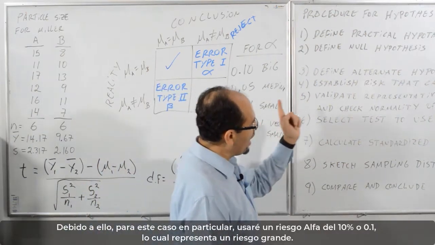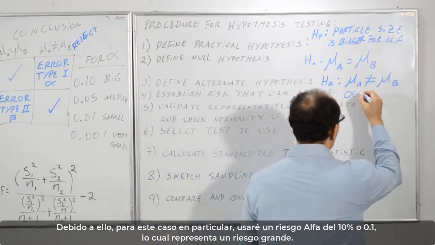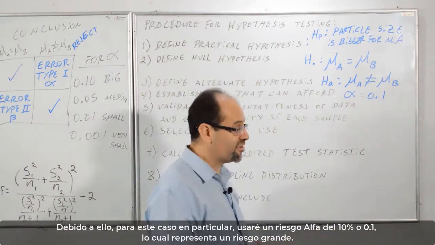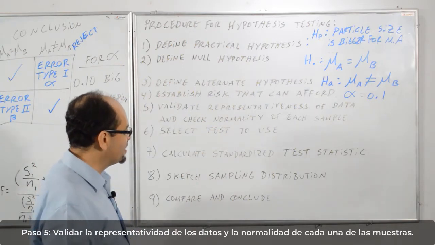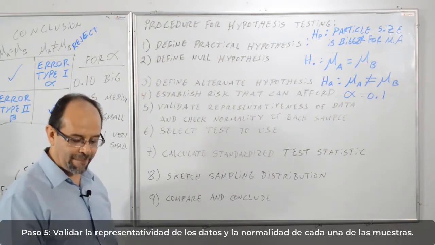That's why I will use an alpha, again, for this specific example, of 10% or alpha of 0.1, which is a big risk.